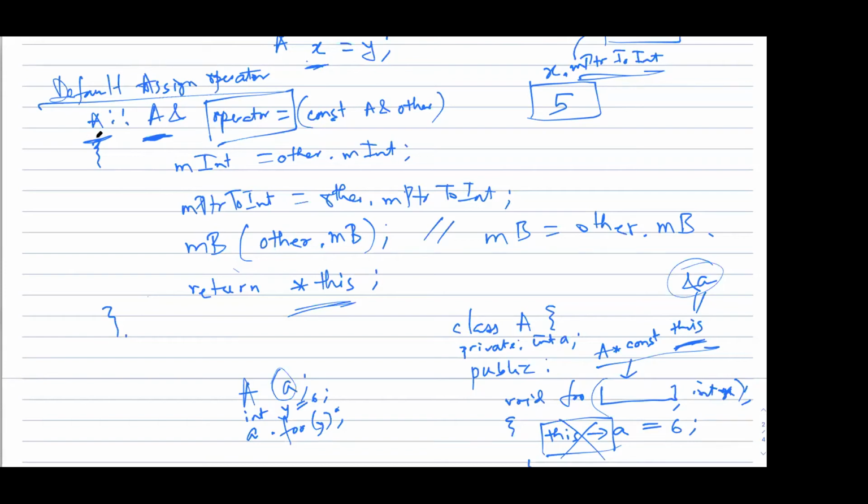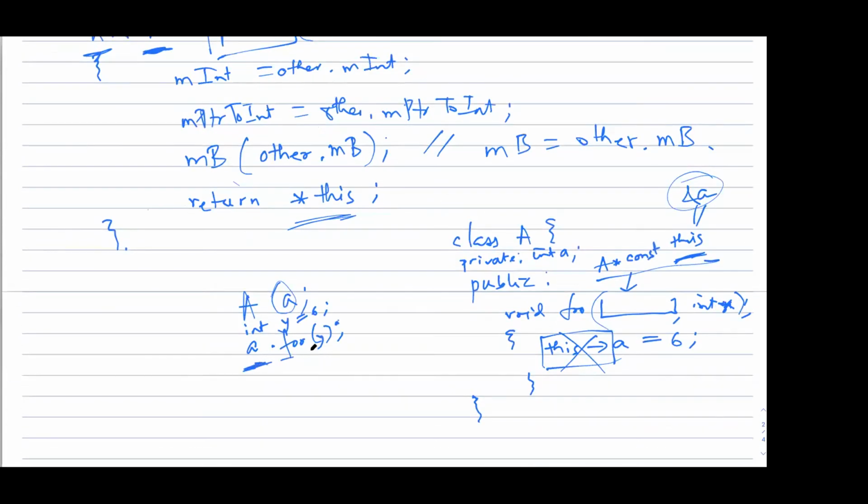So it belongs to this A. More specifically, we can say it's the particular instance which is invoking this function. So this corresponds to whatever invokes it. Like here, foo gets invoked through this object A, so this pointer is the address of A. And therefore, when we are referring to A here, we are referring to all the variables corresponding to this object. Okay, yeah, that makes sense.